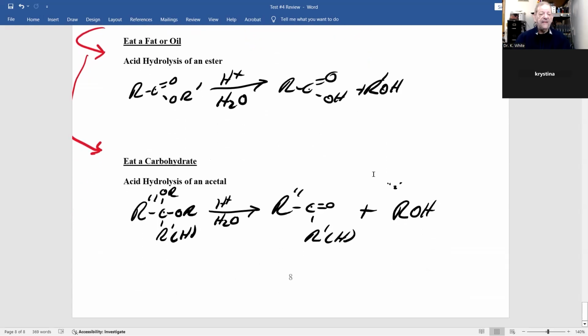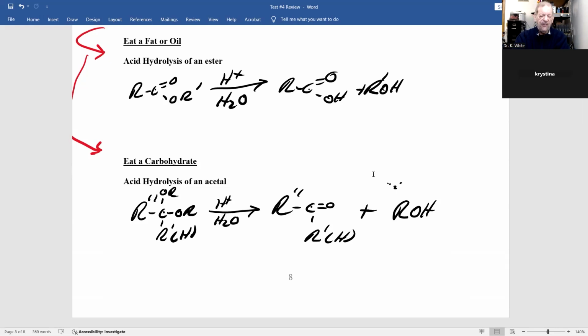Now, you should also know what happens in your stomach when you eat a carbohydrate. What holds the glucose molecules together? An acetal linkage. And with the acid and water, you have acid hydrolysis of an acetal.